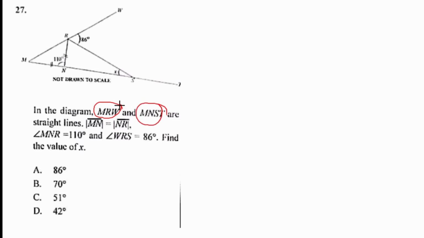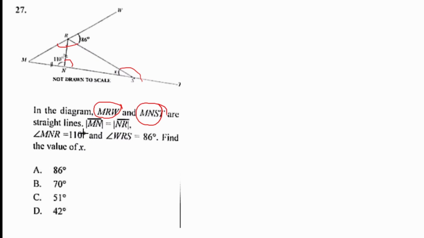It means that because this is a straight line, this angle plus this angle plus this one should give us 180 degrees, because the sum of angles on a straight line is 180 degrees. And also the same here. So this and this should give us 180 degrees. The same way this and this should give us 180 degrees. Whichever will be important to us. That is what it means.